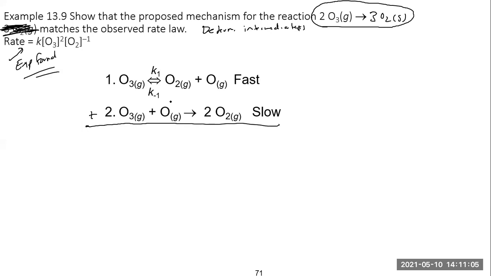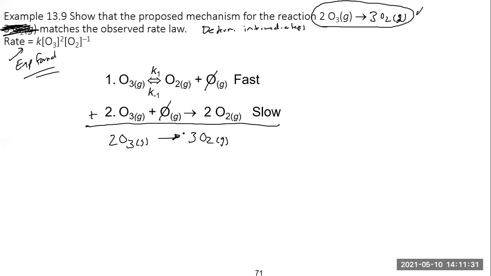Here it looks like we see an O and an O cancel, and at that point that looks like it. So we end up with 2O3 goes to 3O2, so that's looking good. So that matches our overall reaction. So that is good.